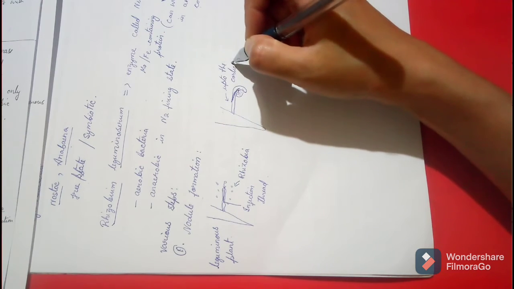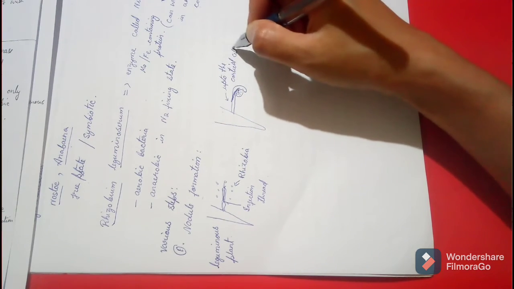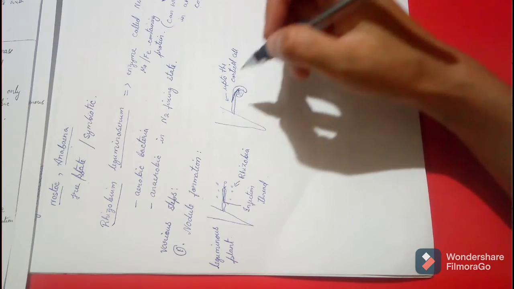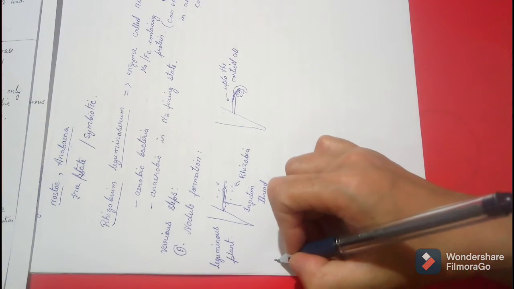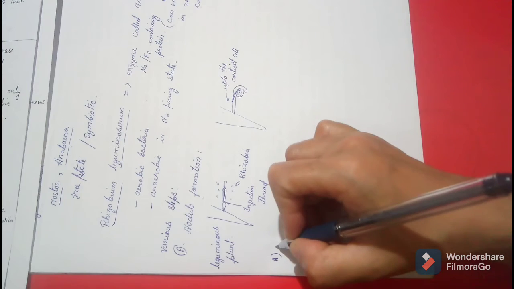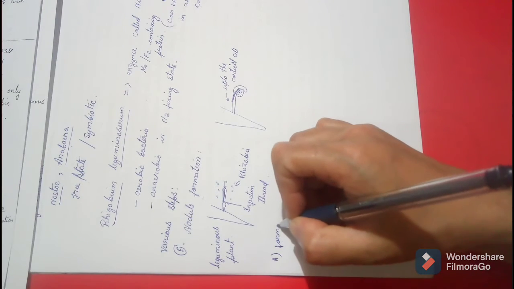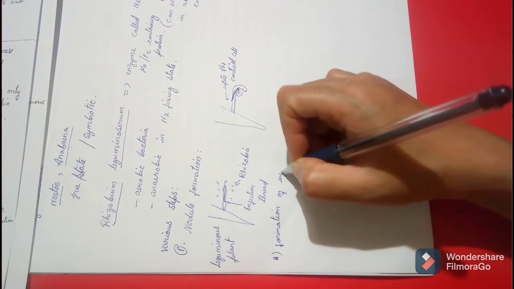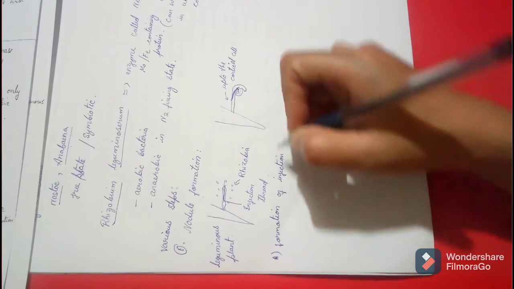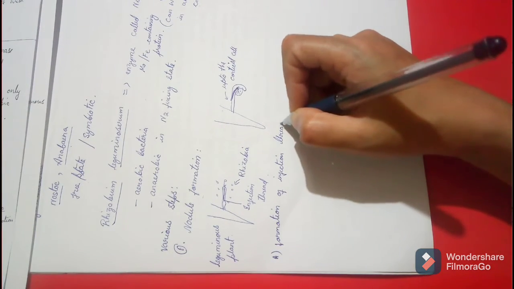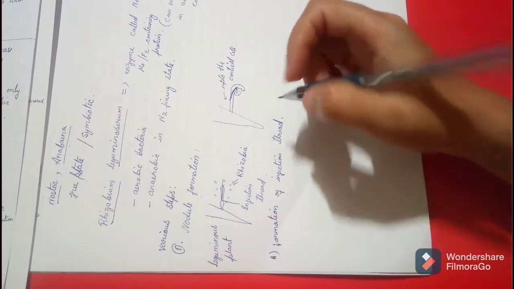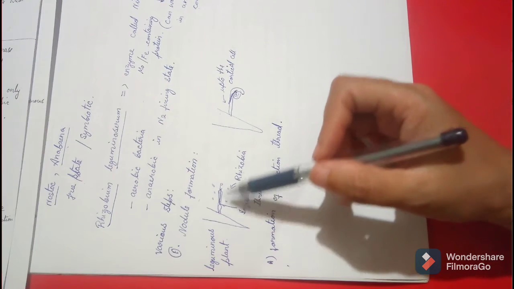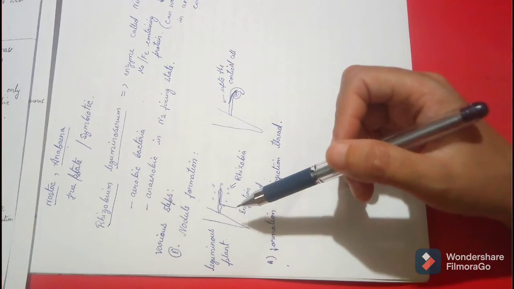They will enter up to the cortical cells of the root. So that is the first thing here, the formation of the infection thread.